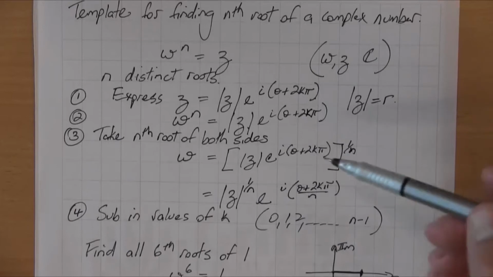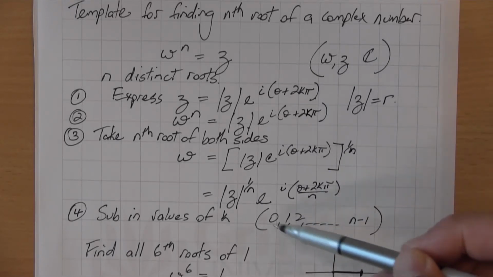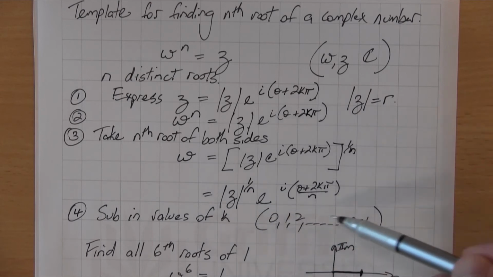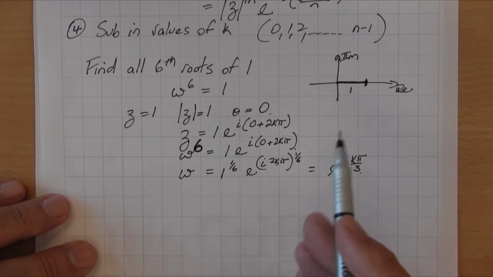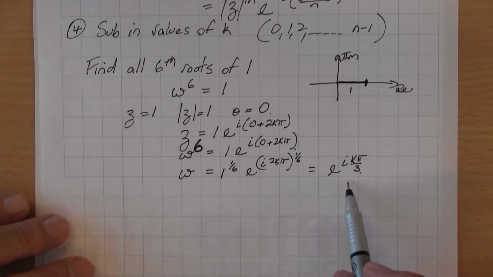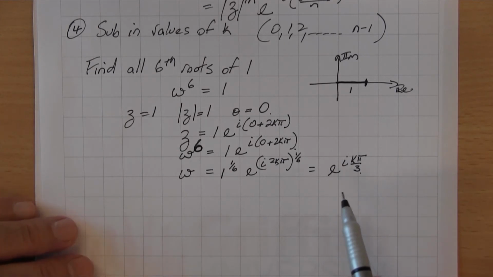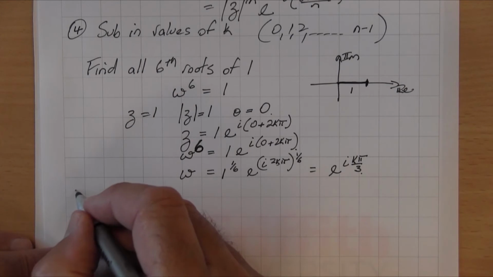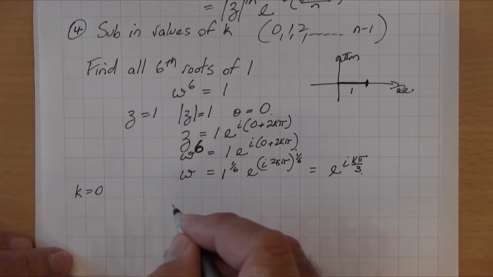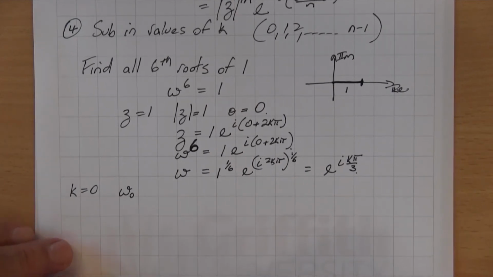Okay, so we've done step 3. So our next step is to sub in values of k from 0 to n minus 1. Now n is 6, so we're going to do all the values from 0 up to n minus 1, 6 minus 1, 5. So k equals 0 will give us our first root, which we will call w0.